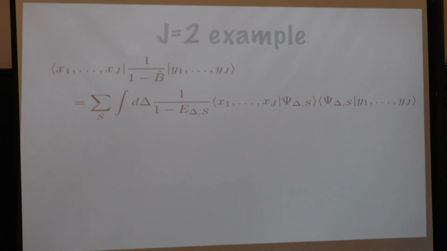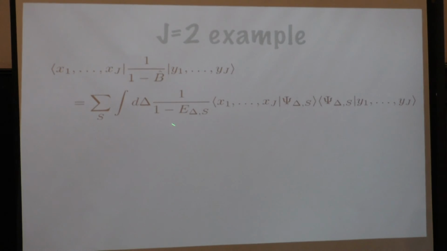At the end you get this expression: a sum over spin, then an integral over delta with some measure which follows from conformal symmetry, so there is an integral over this continuous parameter, and then this standard part which you can compute.